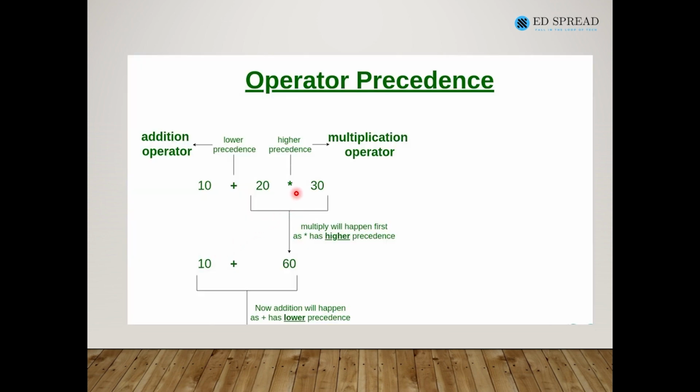See, the multiplication operator has higher precedence, and this plus, an addition operator, is of lower precedence. So first we need to perform the multiplication. So 20 into 30 is 600. I made a mistake here by writing it as 60. Then we perform the addition: 600 plus 10 is 610. Plus is of lower precedence and multiplication is of higher precedence.